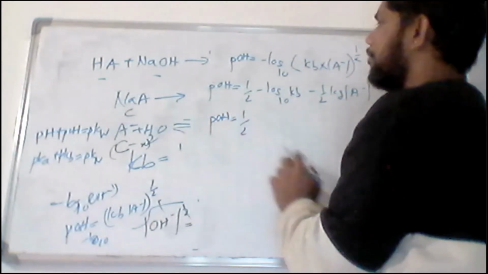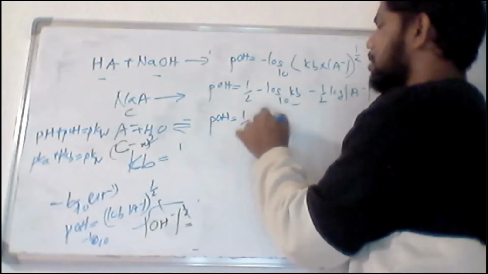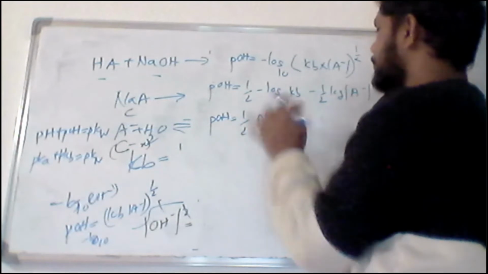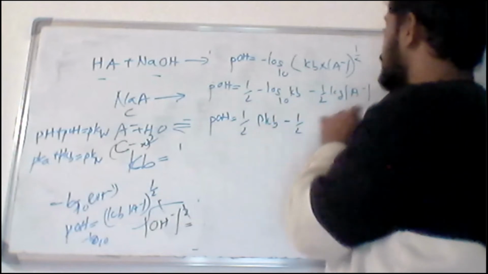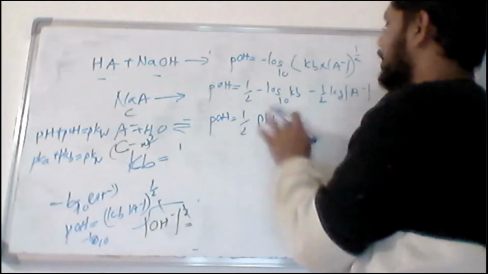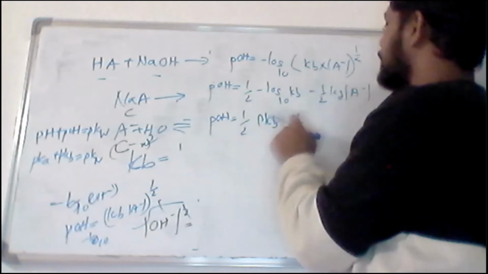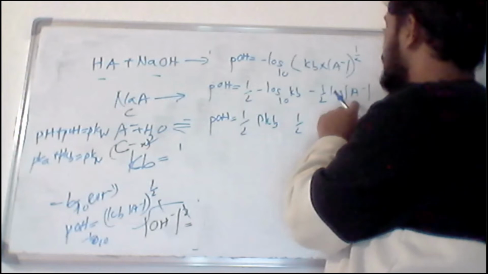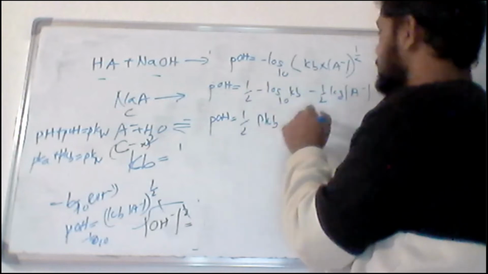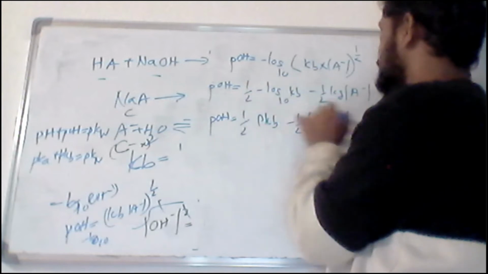This is half minus log Kb, which is pKb, minus half. In fact, I will put half in front, and minus log A minus. I will keep it as it is because it is in this expression.